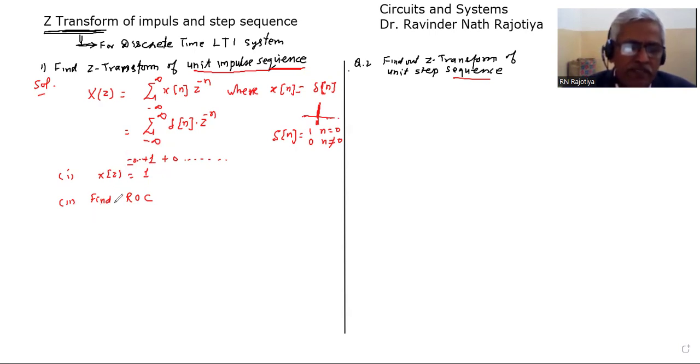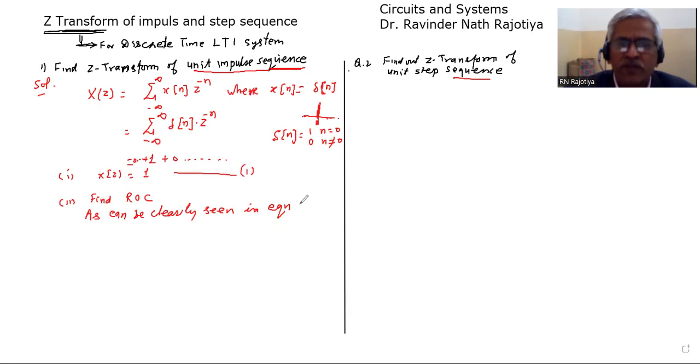As can be clearly seen in the equation itself, let me write the equation as equation 1, that X of z is equal to 1.